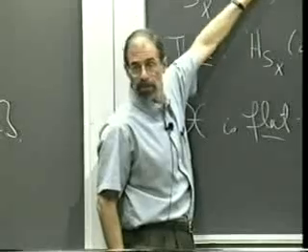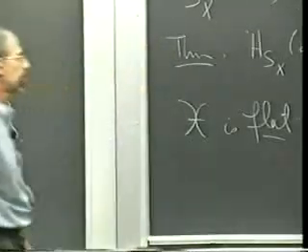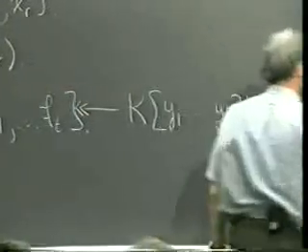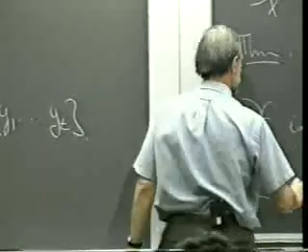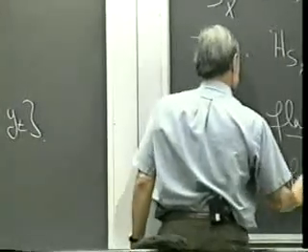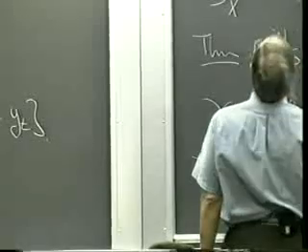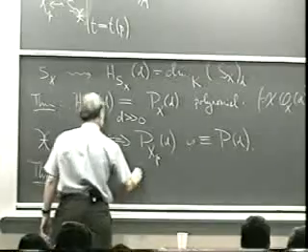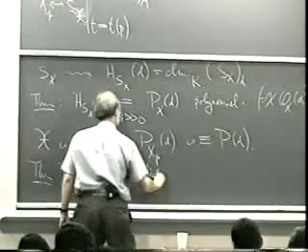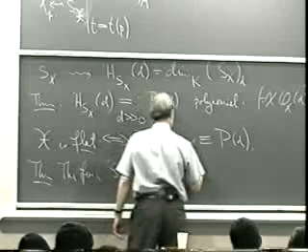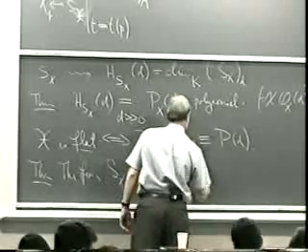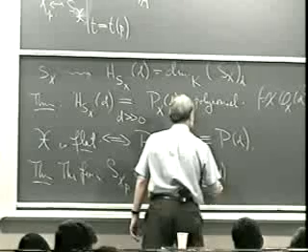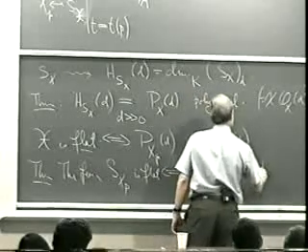You might ask when that's flat. And that's flat if and only if the Hilbert function is a constant. So theorem: the family S_{X_p} is flat if and only if h_{S_X}(d) is constant.